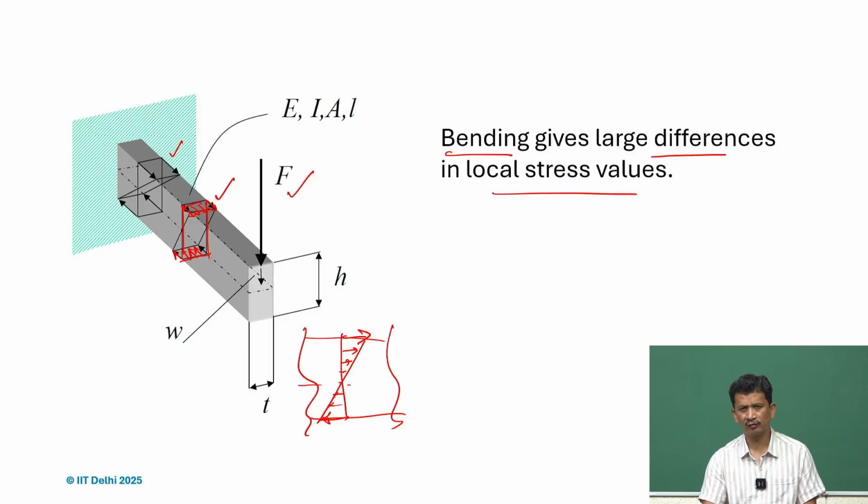So, that is why we ask, we should try to avoid loads coming in bending, or if it is there, then we try to find a way how we can stiffen it, how we can maximize the material usage.